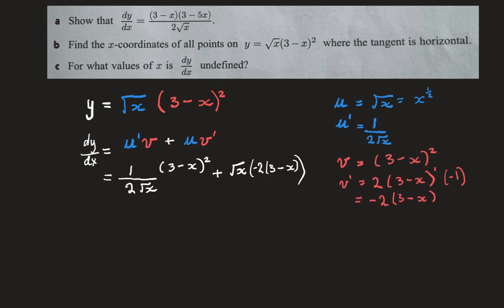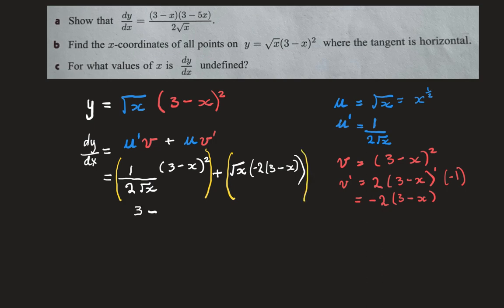This is adequate, but we are asked to show that we can make dy/dx into this form over here. You can see that in the denominator we want to have 2 root x, so it would be advantageous to put a denominator of 2 root x. First of all, try and see it as this. This is one part here, and we're adding this part here.